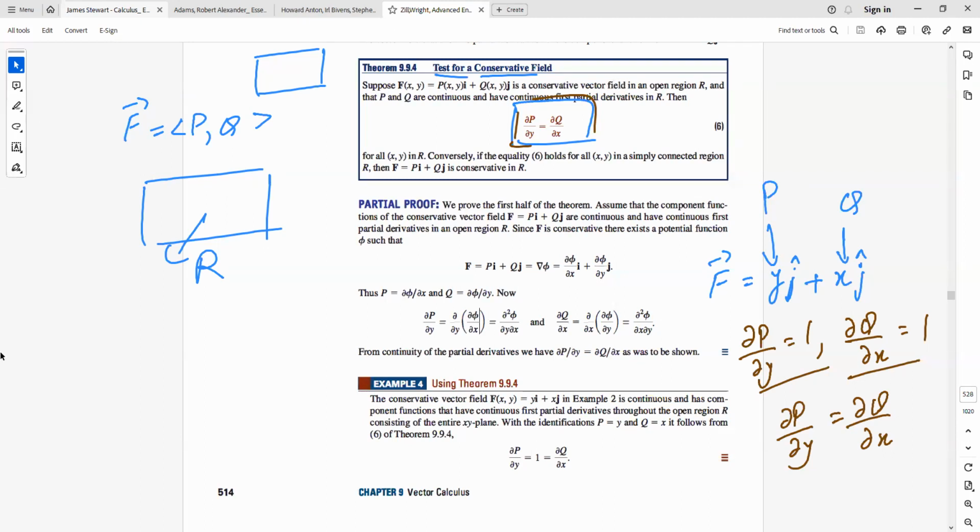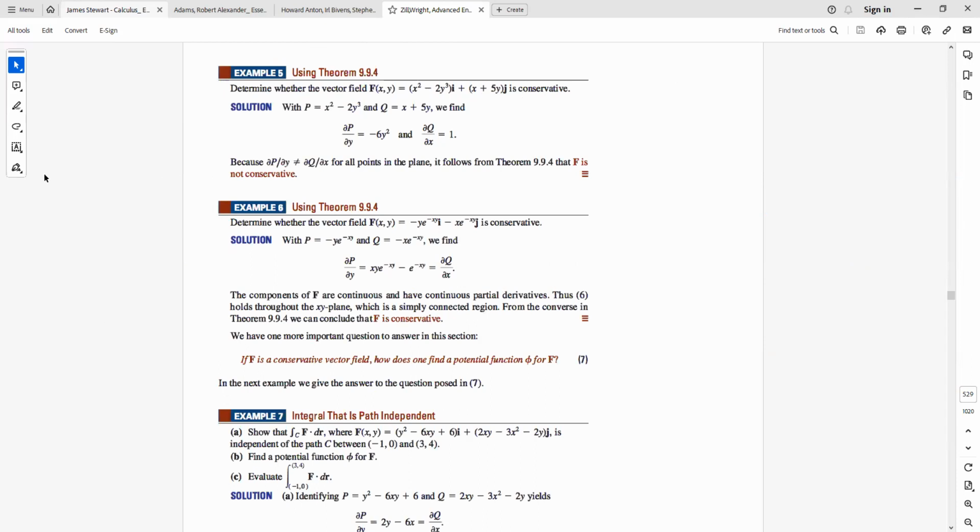Similarly, we can evaluate this example as well. If a field is given by these two functions, that is x squared minus 2y cubed i plus x plus 5y j.